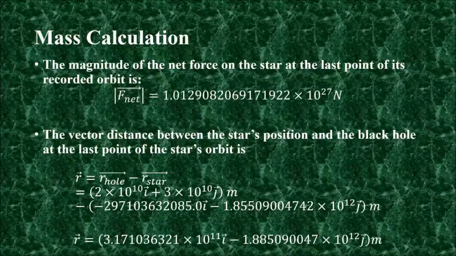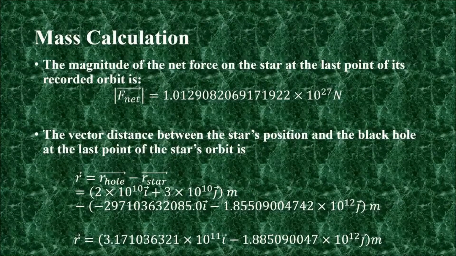The magnitude of the net force on the star at its last point of its orbit is this value here. The vector distance between the star's position and the black hole at the last point of the star's orbit is this value. The position of the black hole was known, and so is the last point of the star's orbit, so the difference of the two position points can be used to calculate the vector distance.